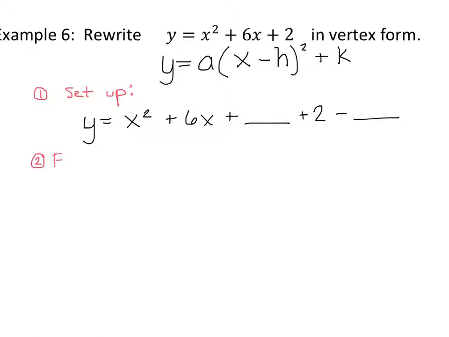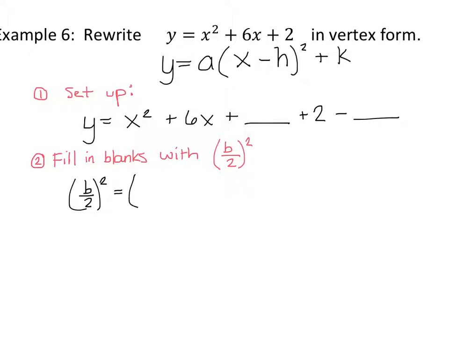Step 2, fill in the blanks with our special number we've been using, b over 2 squared. So we've got to figure out what that is. Well, what's b? 6. What's 6 divided by 2? 3.